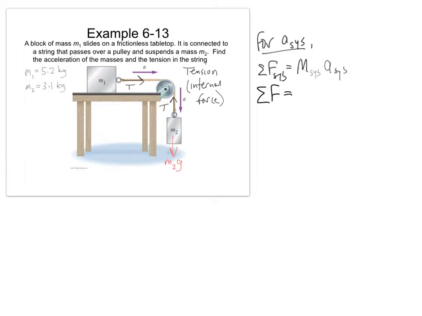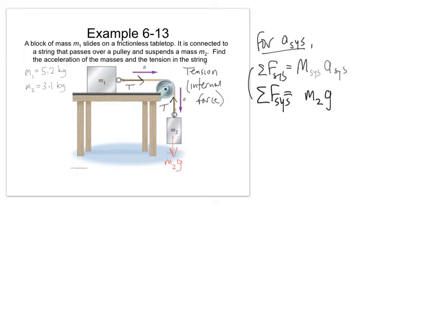Or in this case, it's the only force on the system. What is the only force on the system causing it to move? It's the weight force right here, caused by this mass hanging down, being pulled down by gravity. So we can say the net force causing the system to move at all is mass 2 times gravity.